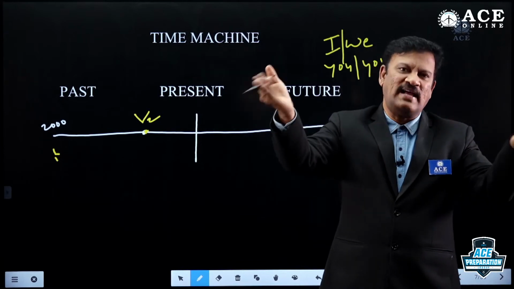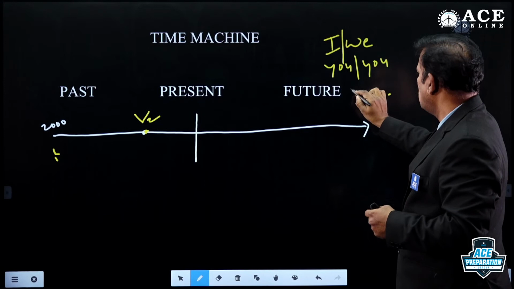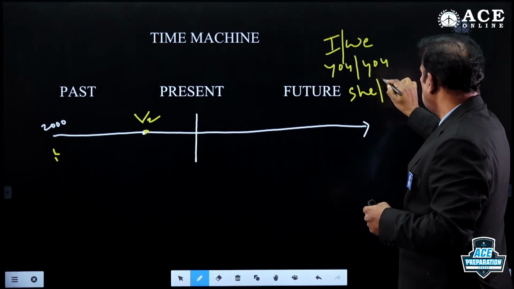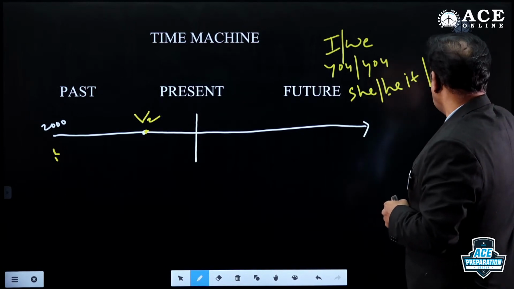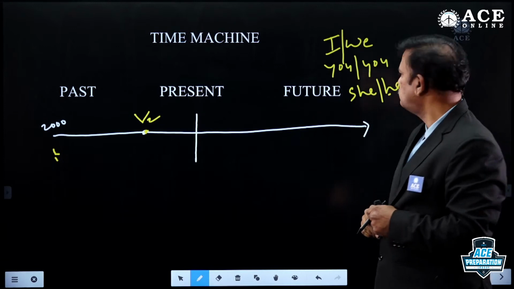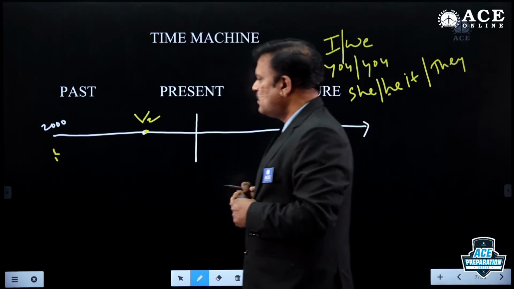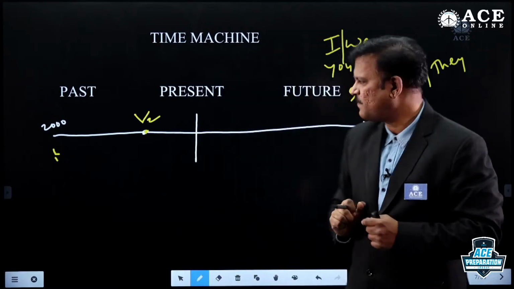If you have 4, 5, 10, also you. And she, he, it, third person singular, and they, plural form. Fine. Now, I start with the past because that is easy.